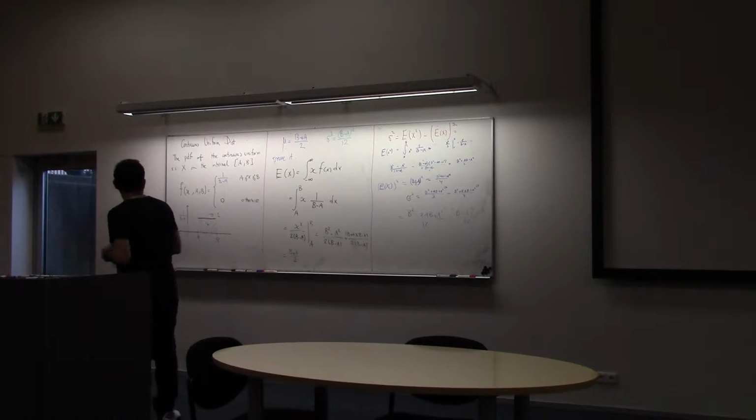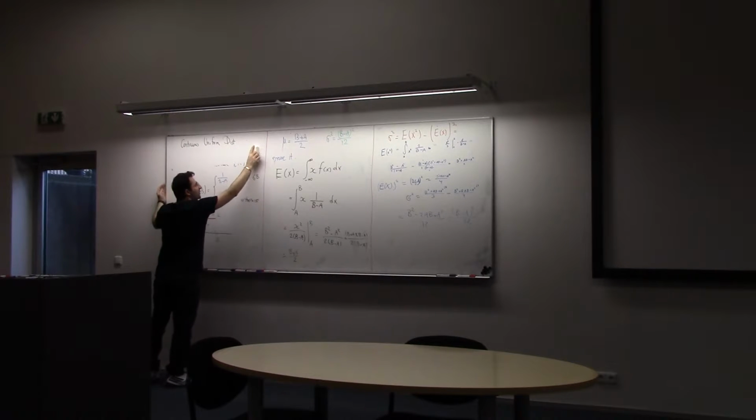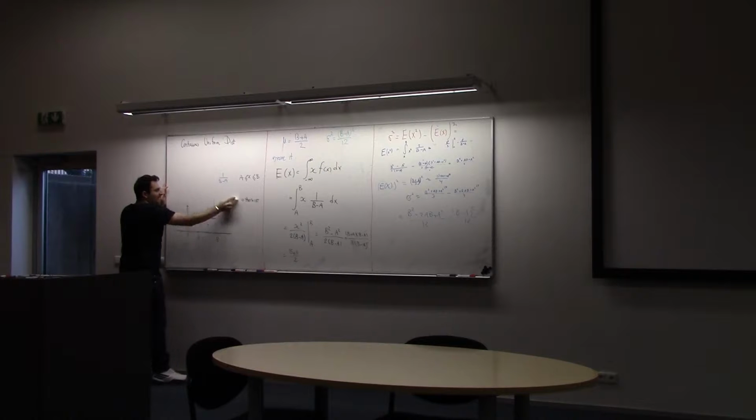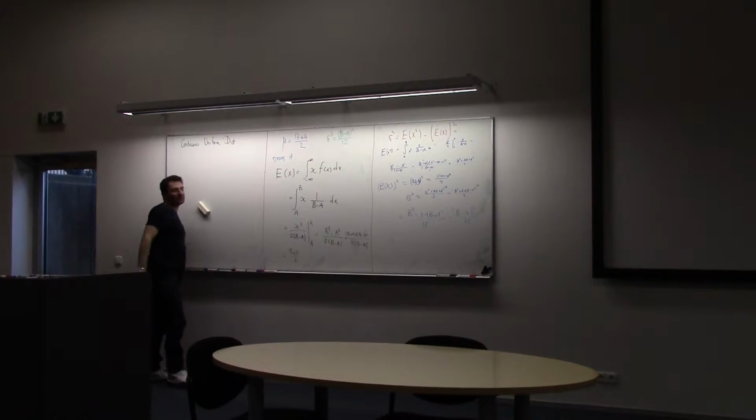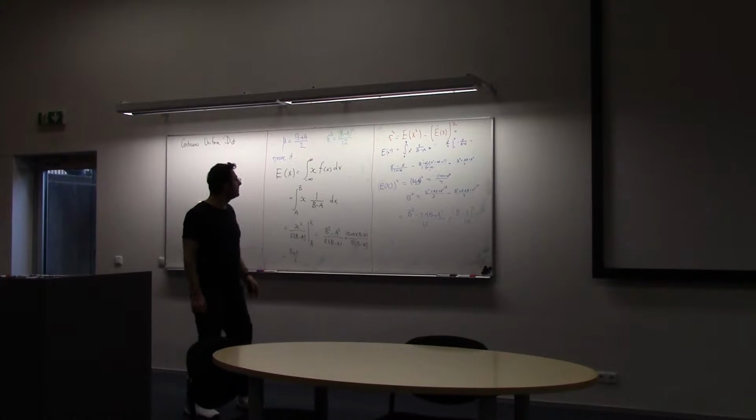Now, the next distribution, which we will use quite a lot in computer science and electrical engineering, will also have variance A minus B squared divided by 12.